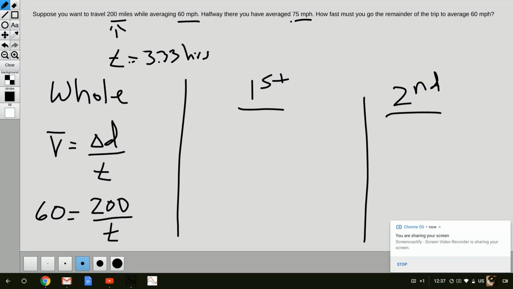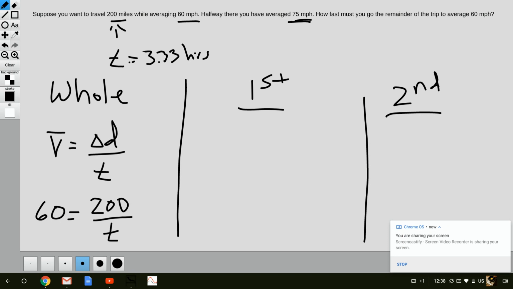Okay, now in the first half of this trip, we have used some of that time. We need to figure out how much of our time budget we have used. Now, the trap that people fall into on this problem is they look at this 75 and go, well, that's 15 over. If I just went 15 under, so if I went 45 miles an hour, I would average 60.